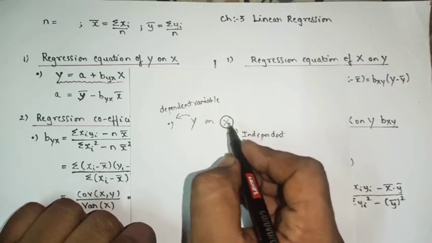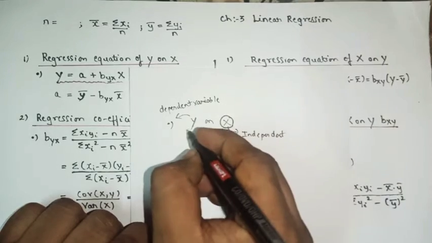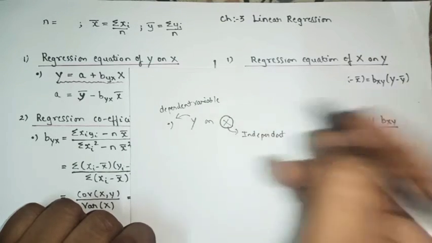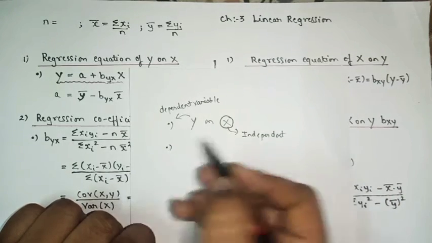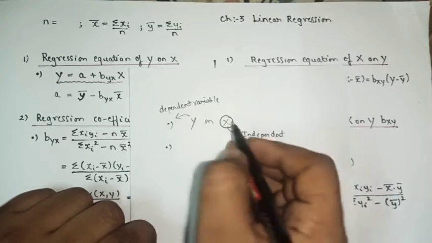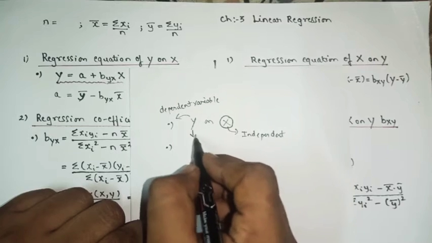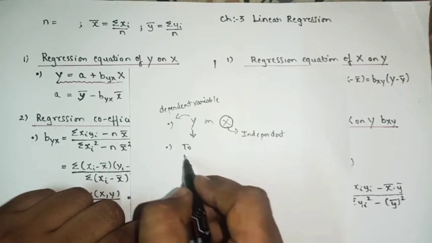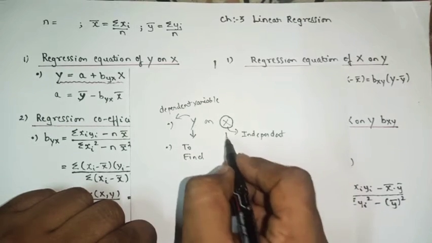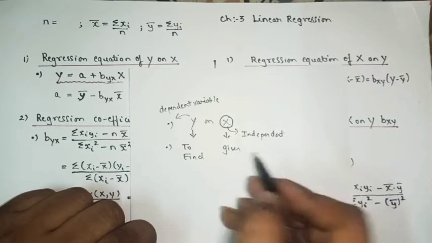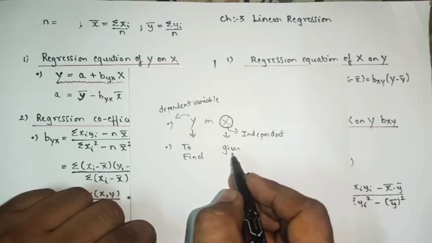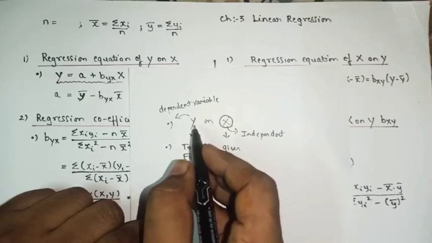It means when you have the value of x, then only we can find the value of y. Or else you can remember this y on x like this also. Y on x means y means to find, remember as to find, and x means given. It means when you have the value of x, then you have to find y.